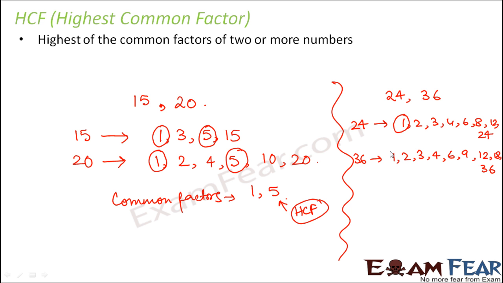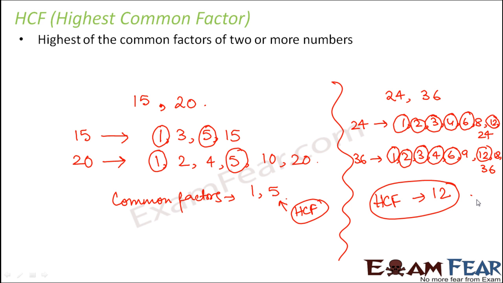So let us encircle the common factors. 1 is a common factor, 2 is a common factor, 3 is again a common factor, 4 is a common factor, 6 is also a common factor, and after that you have 12 as a common factor. So the common factors are 1, 2, 3, 4, 6 and 12. And which is the highest common factor? That is definitely 12. So the HCF of 24 and 36 is 12.